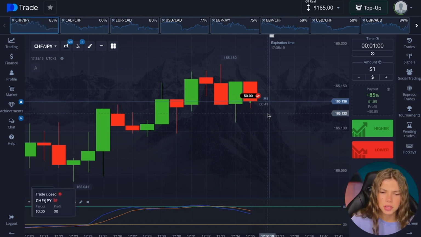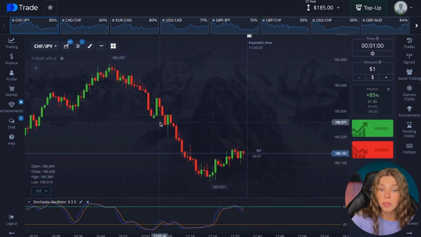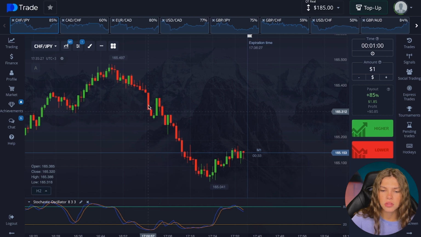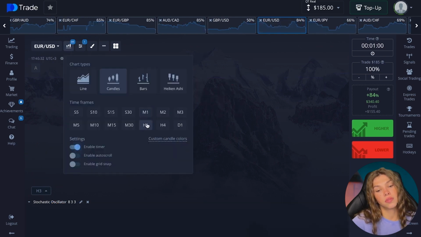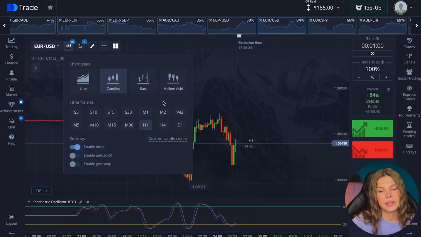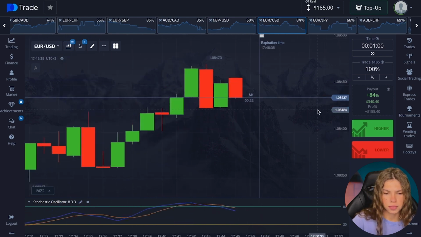Something strange happened here, but the main thing is that our main deal closed with a plus, and in any case, we in fact trembled on the spot, and we had 180, it became $185.